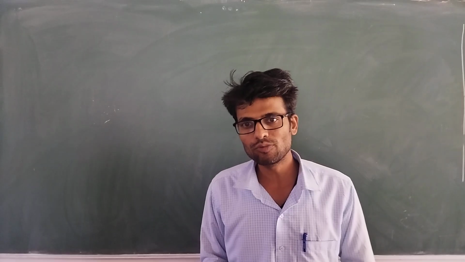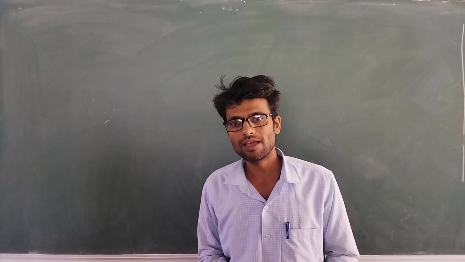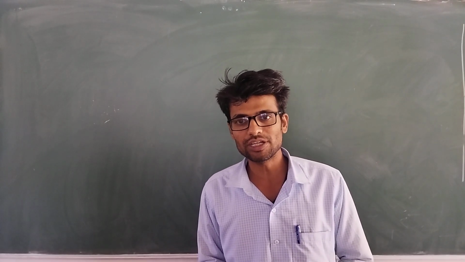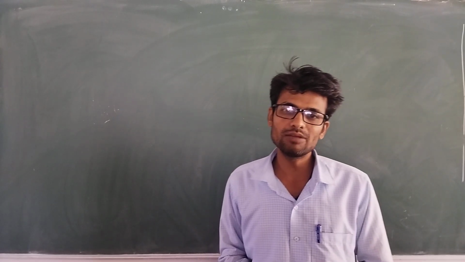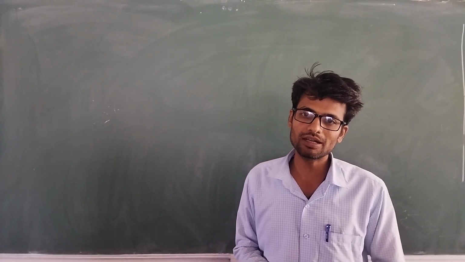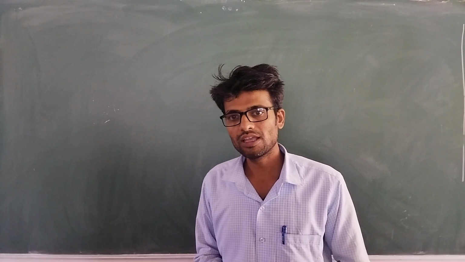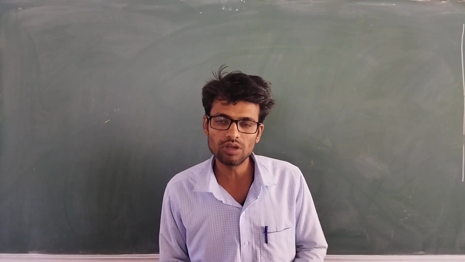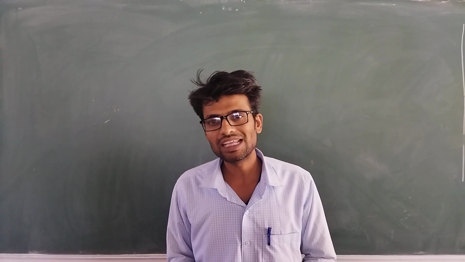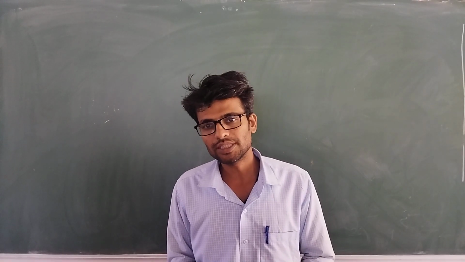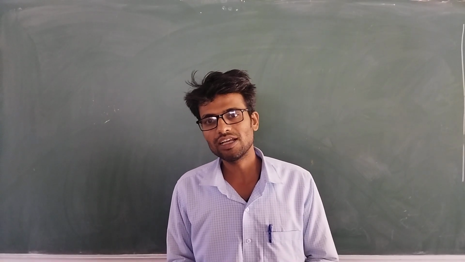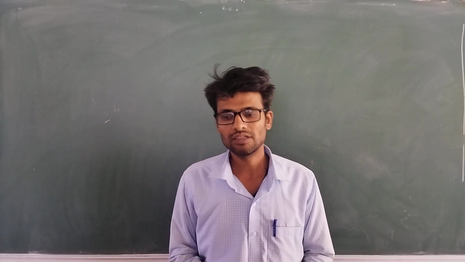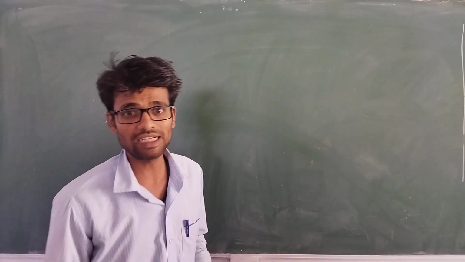By taking the transpose of the cofactor matrix, you will get the adjoint of A. Afterwards, we substitute the value of adjoint of A in the formula A inverse is equal to 1 divided by determinant of A into adjoint of A. After that, we take the value of A inverse in the formula x equal to A inverse B and calculate the values of x, y, z by using matrix multiplication. So this is called the matrix method.